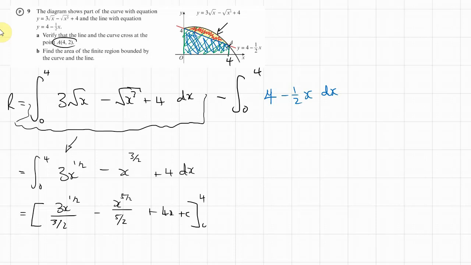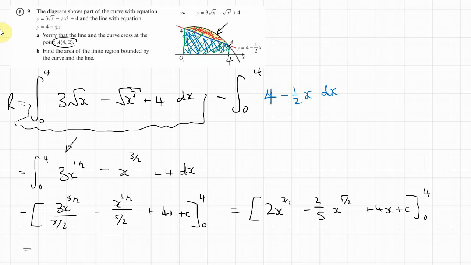And that is between 4 and 0. That equals 2x to the power of 3 over 2, sorry, minus 2 over 5x to the power of 5 over 2, and then plus 4x plus c, and that is still between 4 and 0.